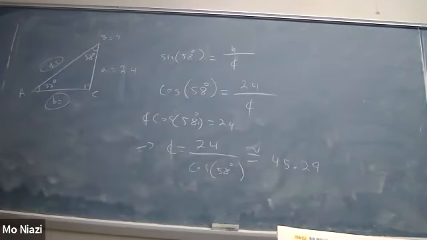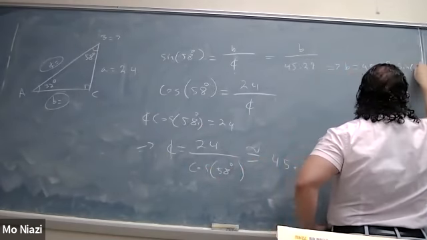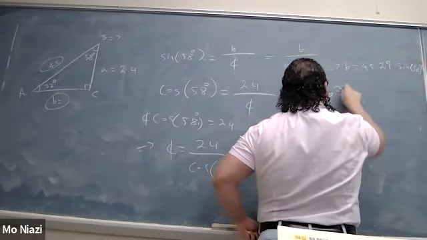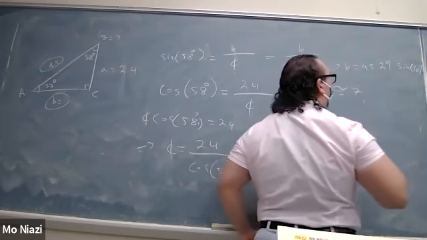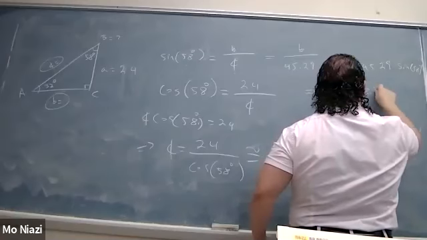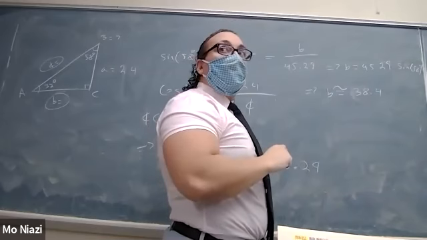So now that we know c, this can be found. So this is the same thing as sine 58 equals b over 45.29. Multiply both sides by 45.29. That means b is equal to 45.29 times sine 58. So then that implies b is equal to what? 38.42. Is that what we got last time? Okay.